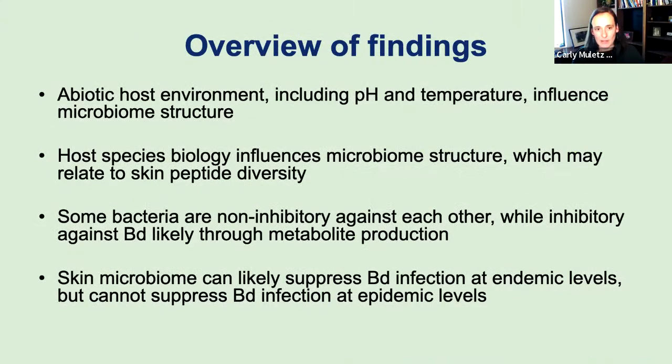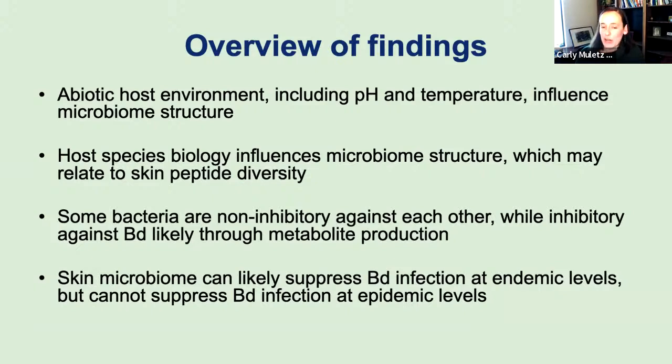To summarize the overview of those findings, the abiotic host environment is important, and this includes things such as soil pH, and what I highlighted mostly in this talk is temperature, that this is influencing skin microbiome structure, that host species biology is important to what the microbiome looks like, and that this may relate to skin peptide diversity, and more to come on that.